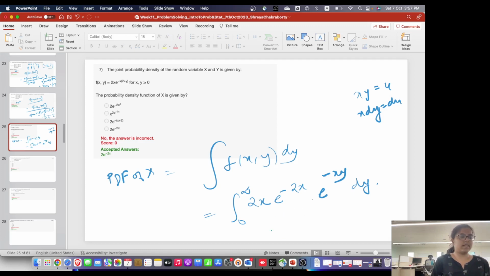Alright, let's see what happens. Xy equal to u, x dy equal to du. So x dy we can write it as du, 0 to infinity 2 du e to the power minus u, e to the power minus 2x we can write as 2u by y.